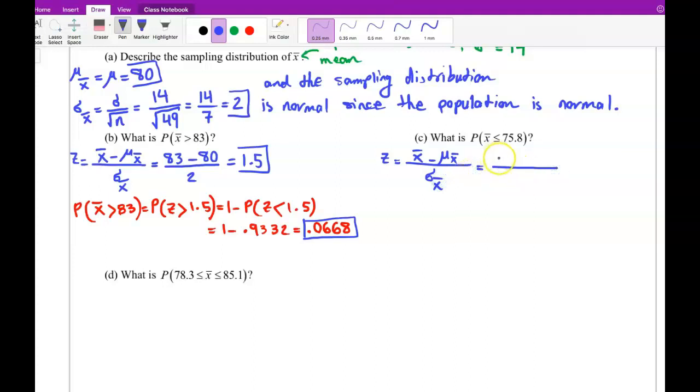So this one's equal to, for x bar we have 75.8 minus mean, which is 80, and standard deviation we have 2. So this is from this part. And that is equal to negative 2.10.